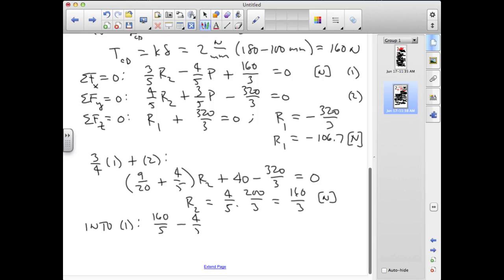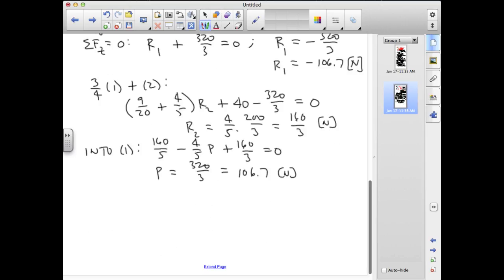If we then substitute that value into the first equation, we get 160 over 5 minus 4/5 P plus 160 over 3 equals 0. And we can manipulate that to show that P is equal to 320 over 3, which again is 106.7 newtons. Now I could take these results and get a net reaction force.